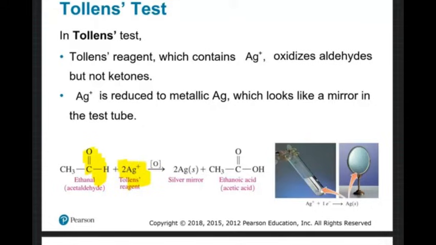Silver oxidizes an aldehyde to ethanoic acid. And when silver oxidizes, it is being reduced. So you have a thin layer of silver on the inner surface of the tube. It's a pretty cool test. Okay?